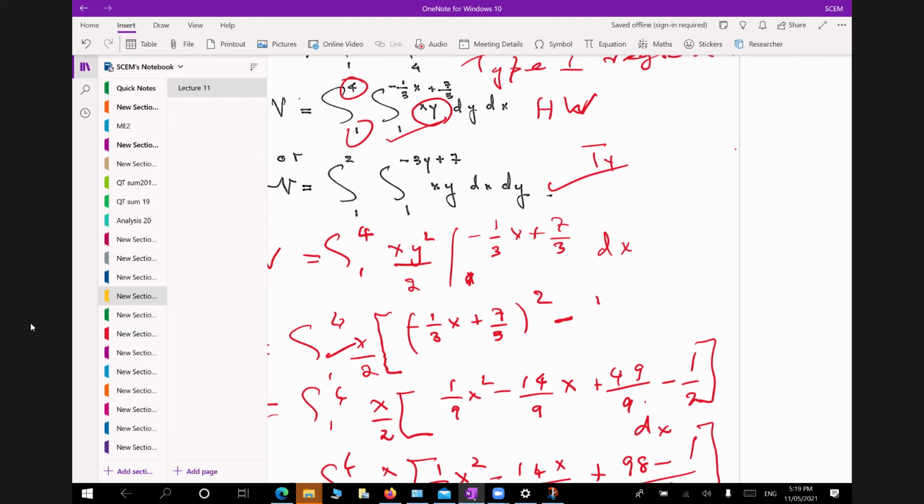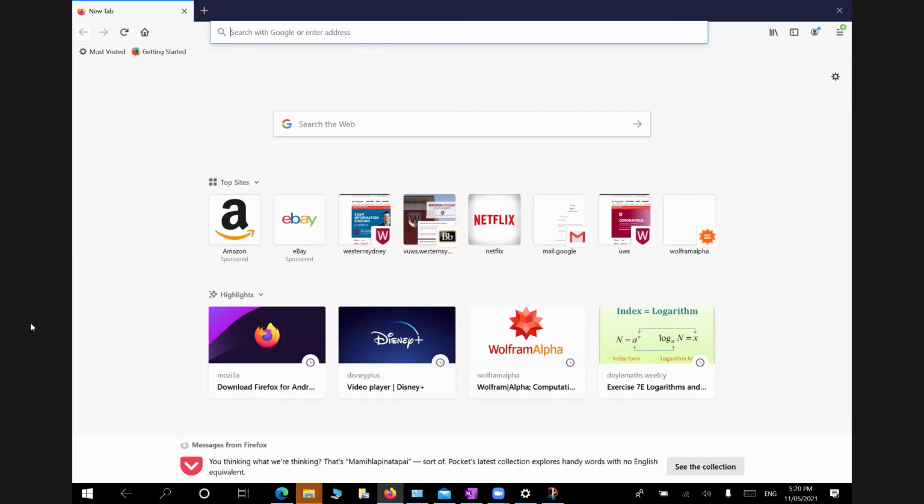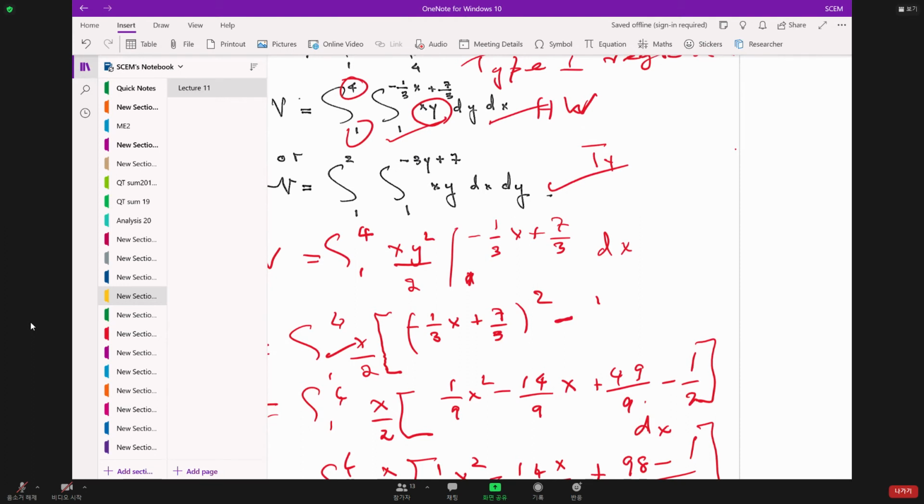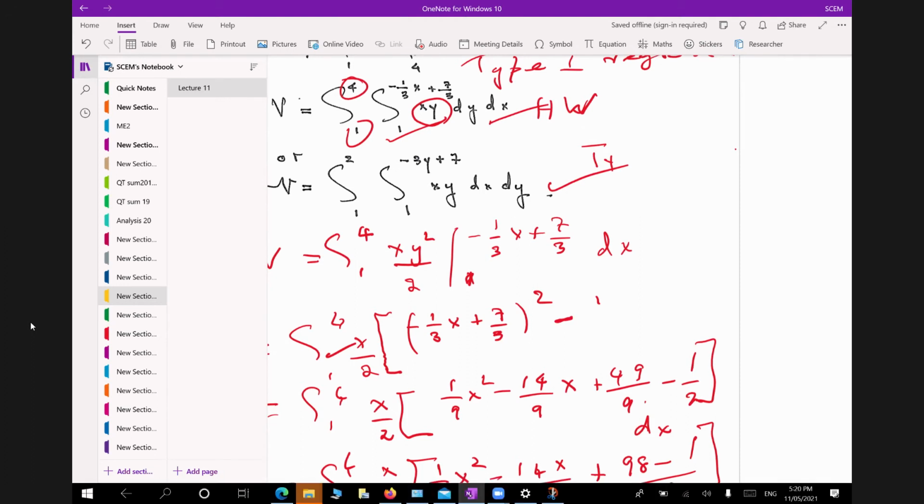I'm substituting for y squared here. Now I substitute y equals 1 here, because I'm taking this integral. So when I substitute the lower limit y equals 1, what will I get? Your x by 2 is out, so what will y squared get? 1. It becomes 1 squared. Yeah. Thank you.